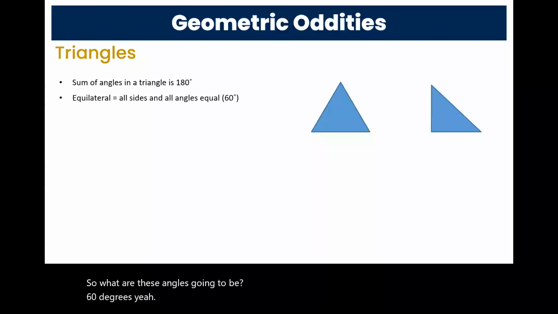Okay, what kind of special triangle is this guy? It's a right triangle. Specifically, this one is an isosceles right triangle. What does isosceles mean?